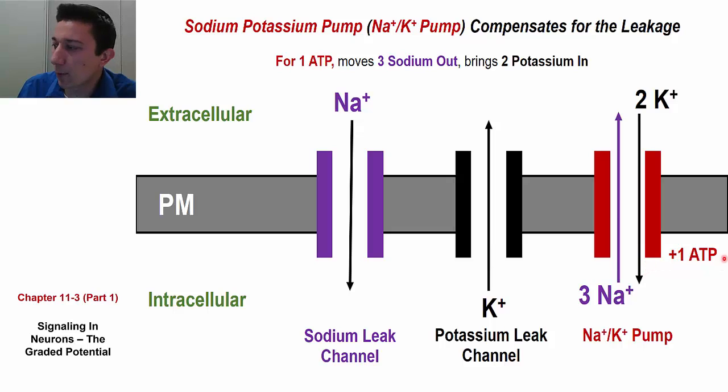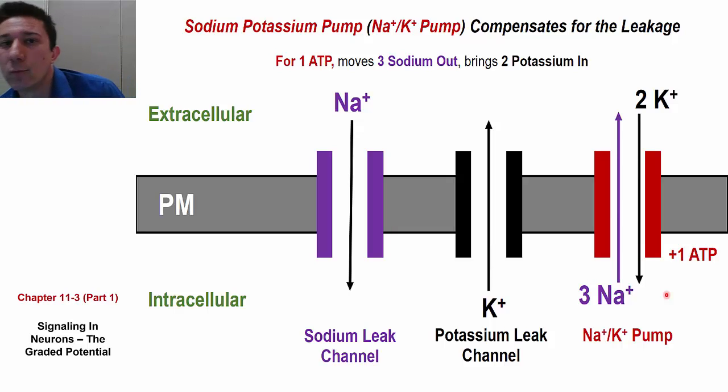So our sodium-potassium pump uses 1 ATP. Because sodium is leaking into the cell, it's going to kick 3 sodium out for that 1 ATP. Potassium is going to leak out of the cell, and so it's going to bring some potassium back in. So for each ATP that it spends, it brings in 2 potassium. So we're kicking out 3 sodium that have leaked in, and bringing in 2 potassium that have leaked out.